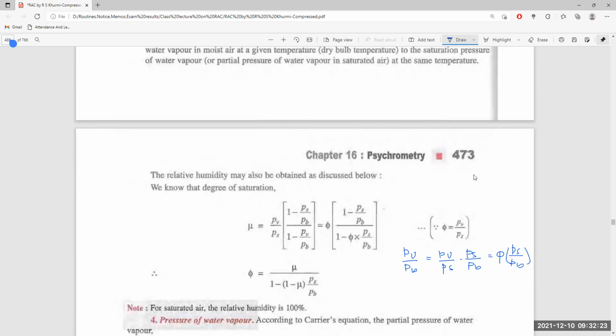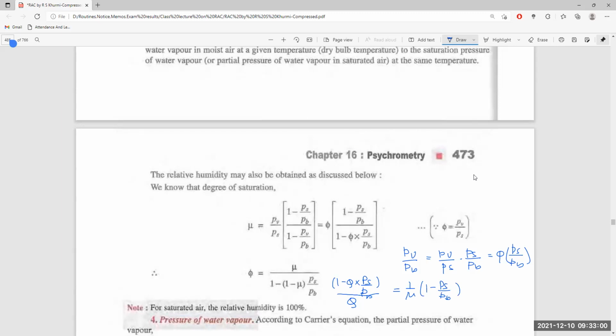Here we have 1 minus Ps by Pv divided by mu, which is equal to 1 by mu, 1 plus Ps by Pv.